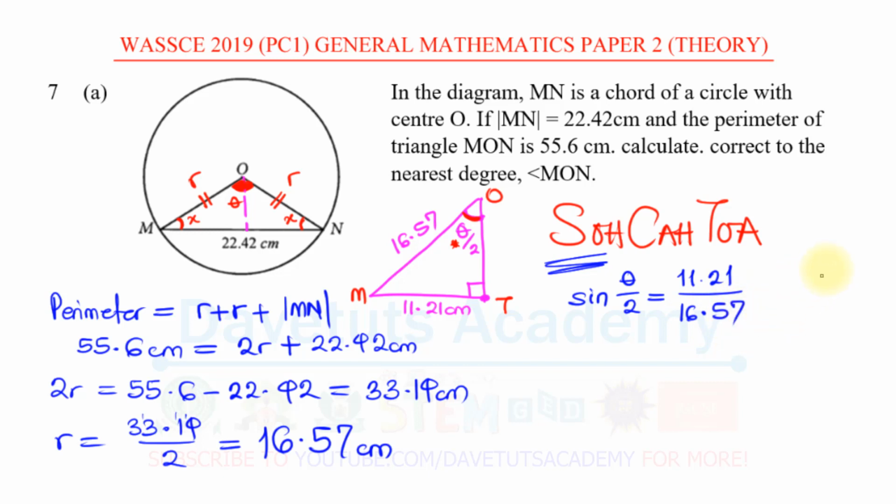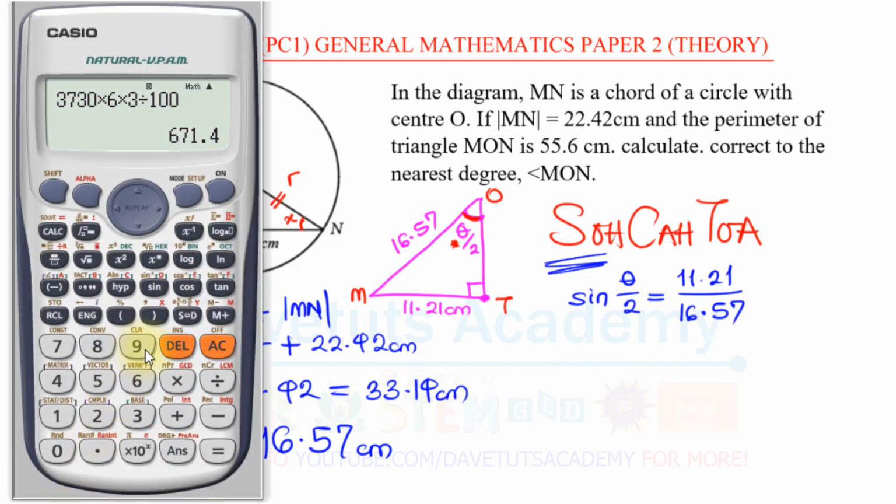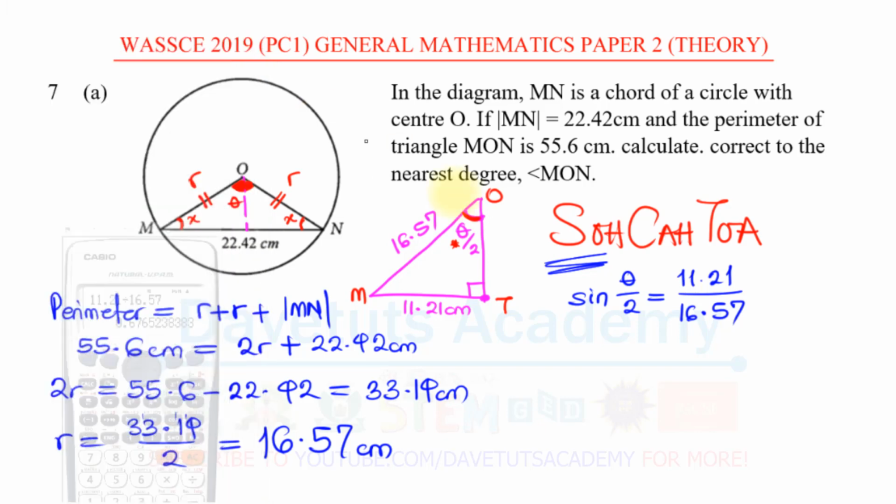16.57. So in that case, what is 11.21 over 16.57? 11.21 divided by 16.57 is 0.6752.